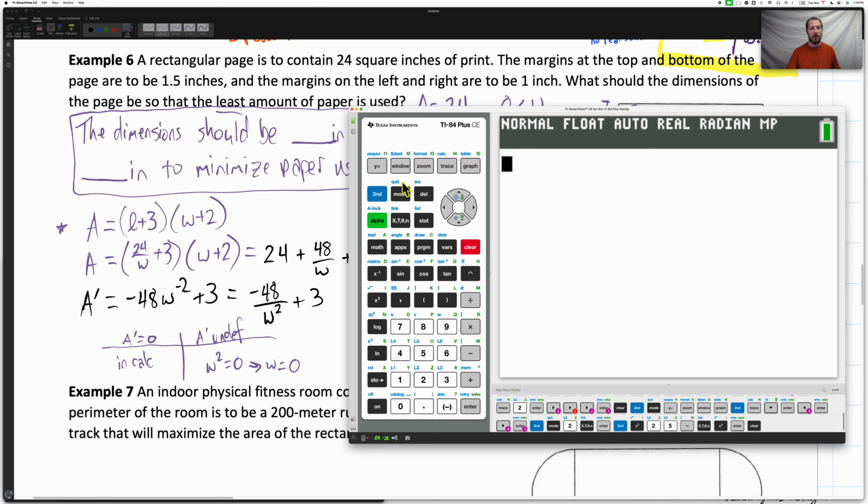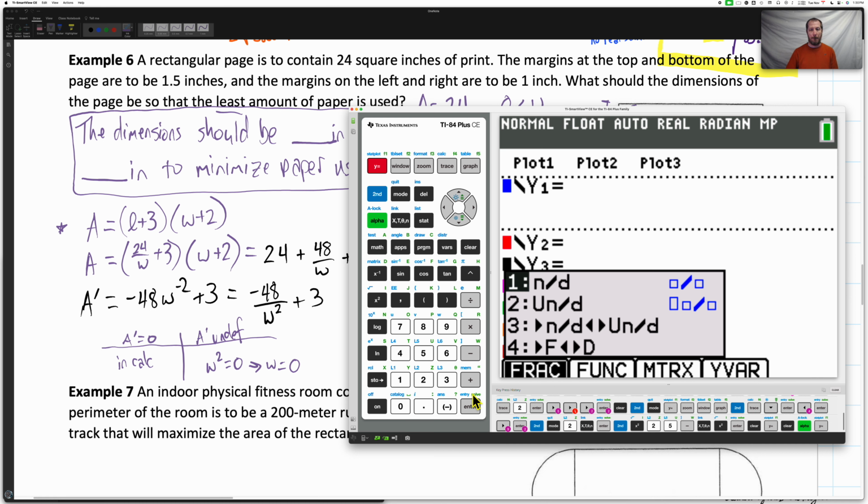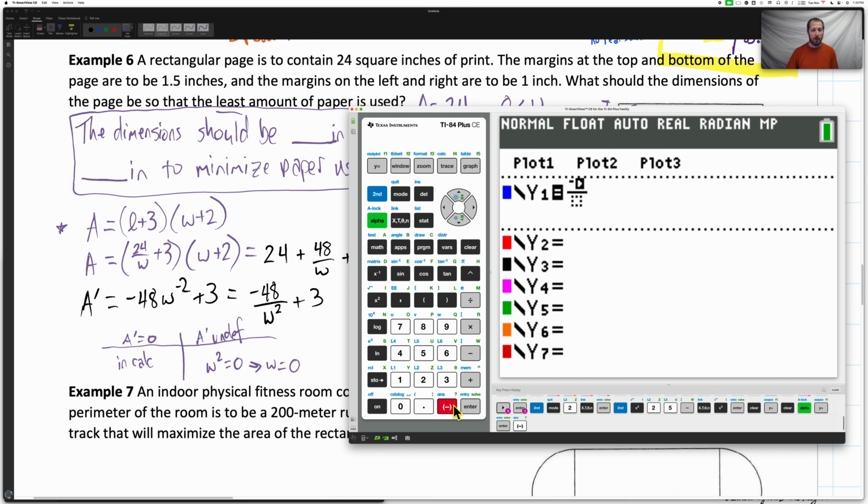All right, so I'm going to go into y equals. I'm going to clear out whatever's in y1, and I'm going to put my derivative in there. Got negative 48 over x squared plus 3.